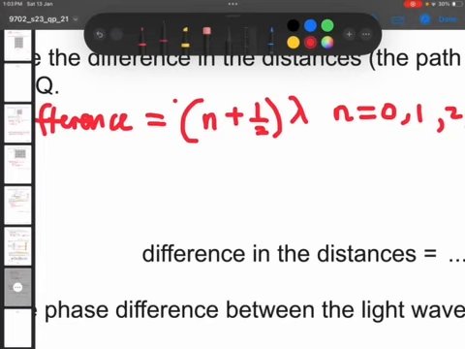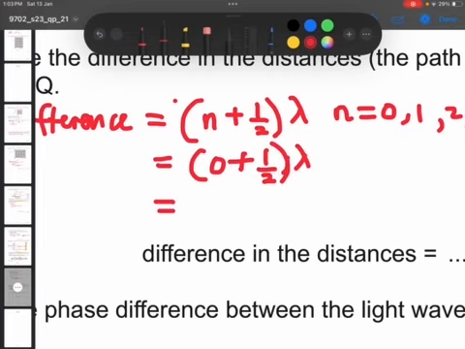Since it is the very first dark fringe, for it n will be equal to 0. So if n is 0, then it's 0 plus half lambda, which is equal to half times lambda. But lambda is the wavelength, which is 6.2 times 10 to the power of minus 7.